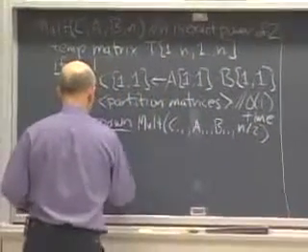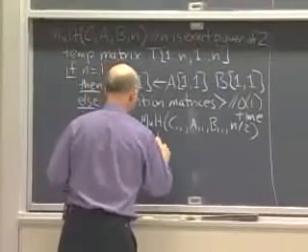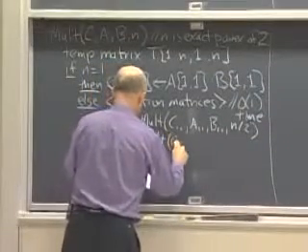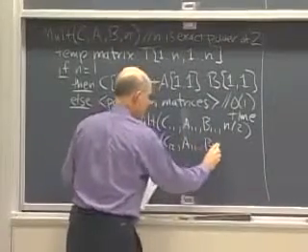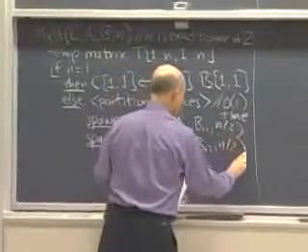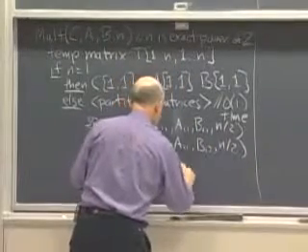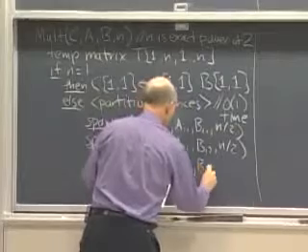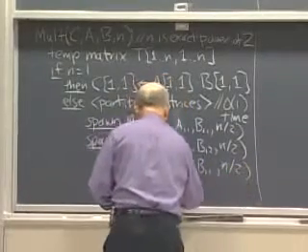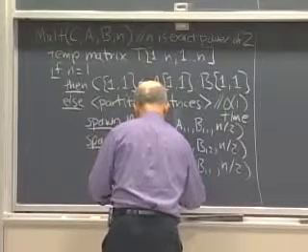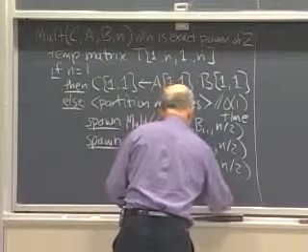And spawn, continues, C21 gets A21, B11, and then C22 gets A21.